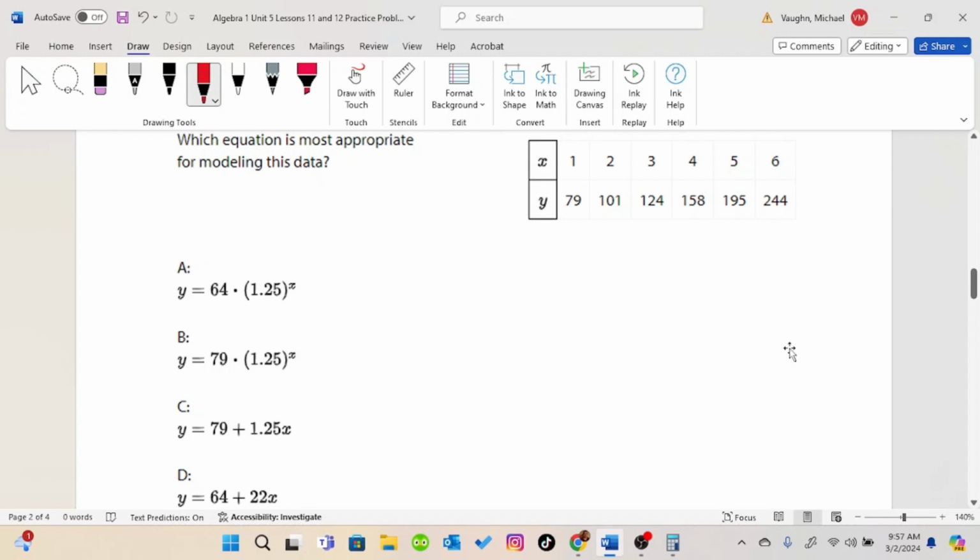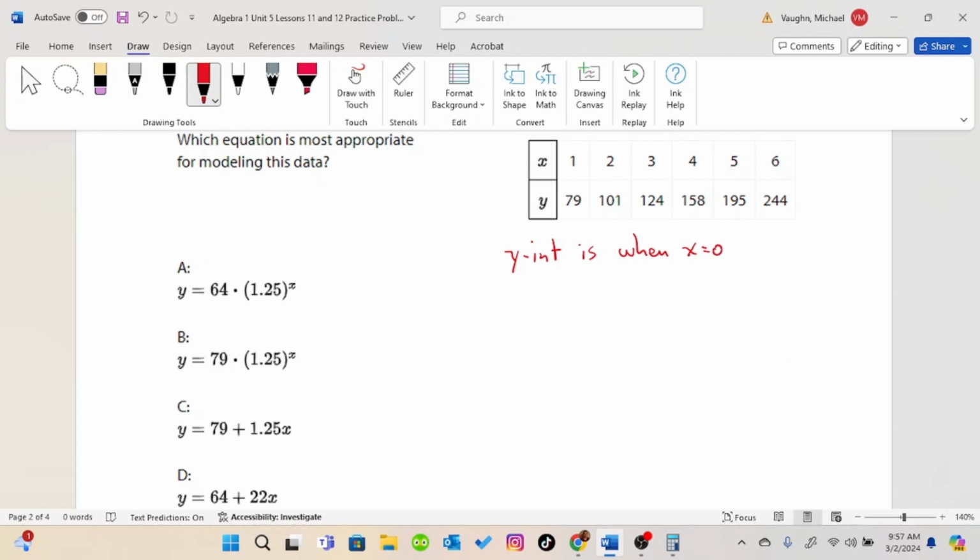Which equation is most appropriate for modeling this data? So when we look, notice that we start with x equals 1. Your y-intercept is when x equals 0.